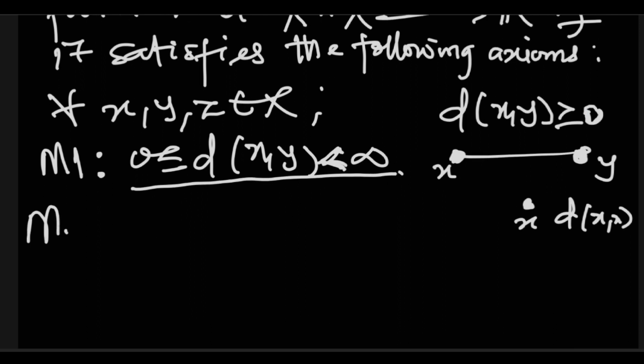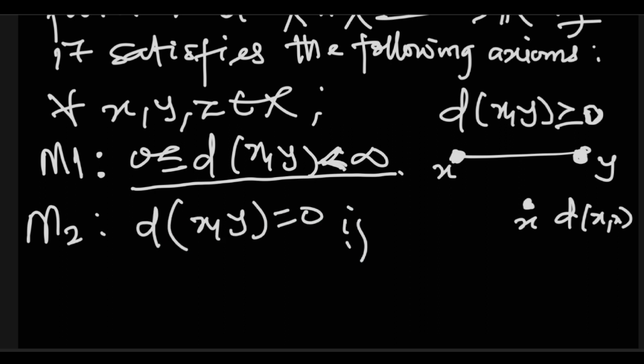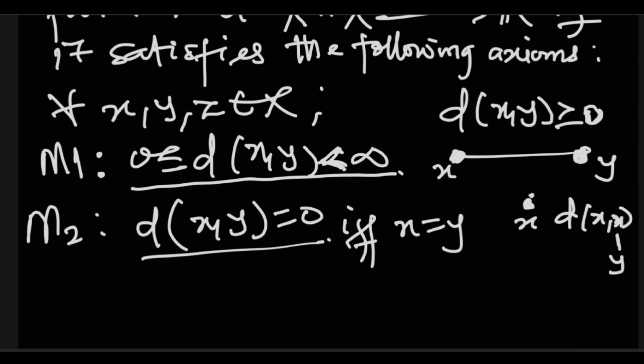Now, we say that it can only be 0 if and only if x equals y, which is what I said, right? When we have a point, d(x,x), that shows x is equal to y here. That is when we can have the distance between two points to be 0, when the two points are the same point.